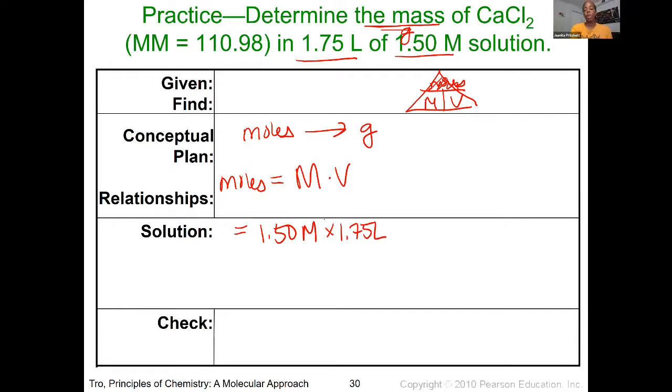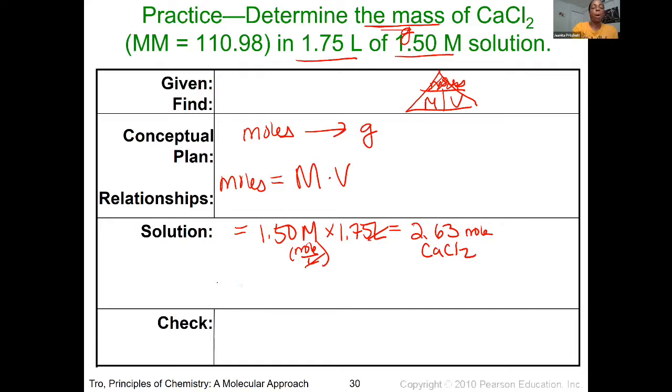Again, making sure that volume's in liters. And so that would give us 1.5 times 1.75, and we get 2.63. And then this would be moles of the solute, the thing that was dissolved, the calcium chloride. And again, the reason we're getting moles is because molarity is moles over liter. So those cancel.